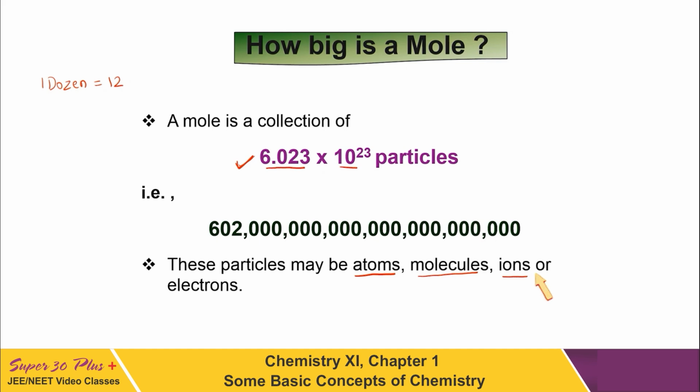So in simple words, 1 mole is equal to Na. What is Na? 6.023 into 10 to the power 23. For numerical calculations, we will consider this value as 6 into 10 to the power 23 as an approximation. But precisely it is 6.023 into 10 to the power 23.